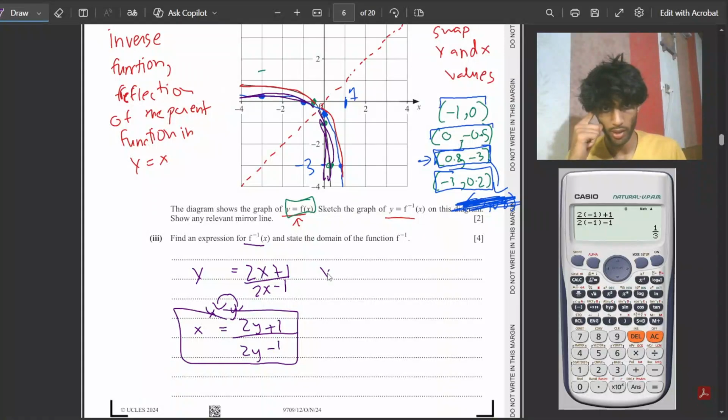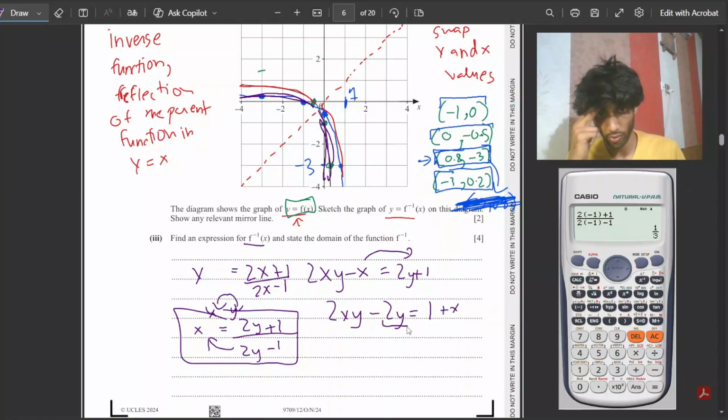The way we can do that is we can take this to the other side and multiply it with x. So I get 2xy minus x equals 2y plus 1. And now I can gather up my y terms on one side, so I get 2xy minus 2y equals, and I take this x to the other side, 1 plus x. Then I can factor out a 2y to get my y out of this part.